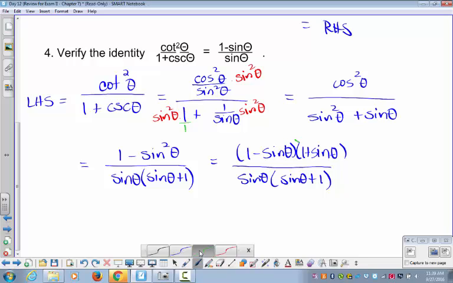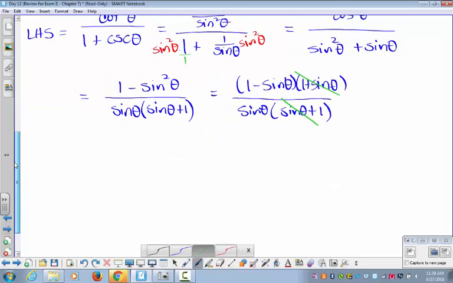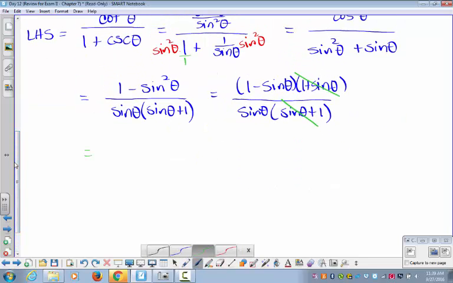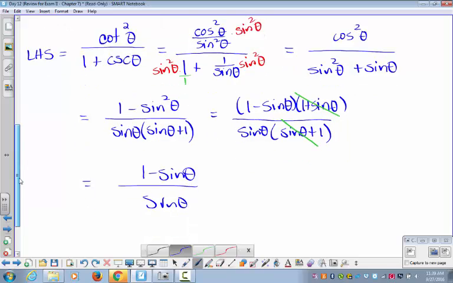So this factor and this factor will cancel. And we're left with 1 minus sine theta in the numerator and sine theta in the denominator. And that is exactly the right-hand side.